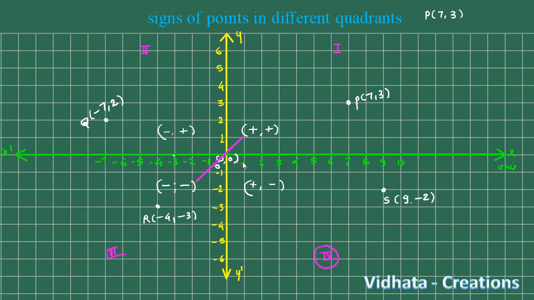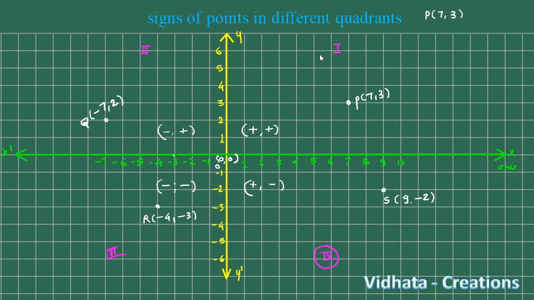Now let us know, when the point lies in a particular quadrant, you have studied how to locate a given point, how to plot a given point. Or if the point is already given to you, how to tell its coordinates, this you have studied.